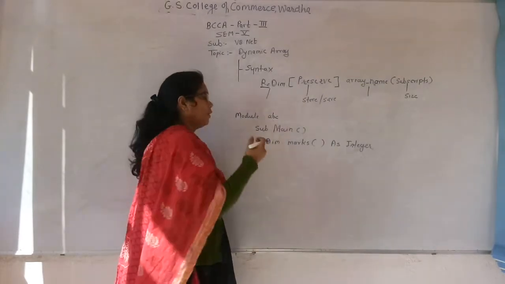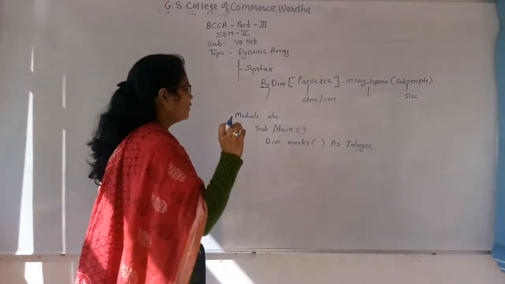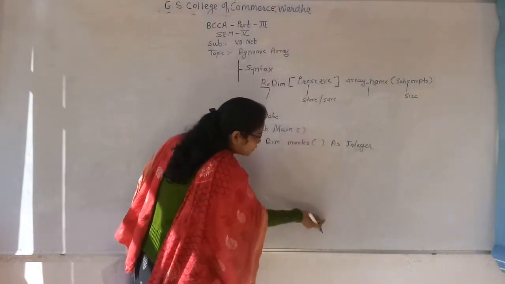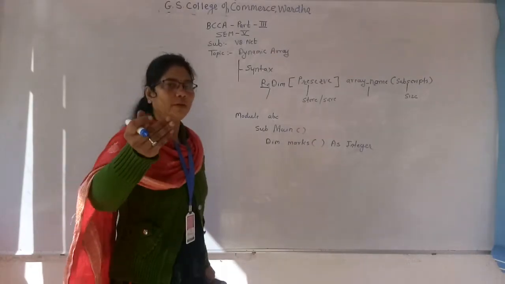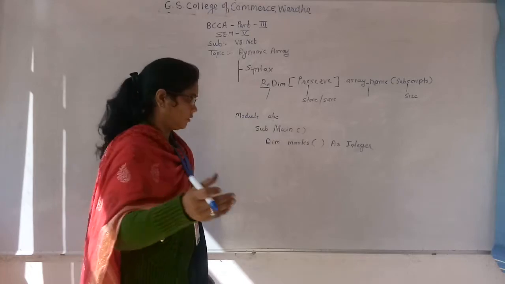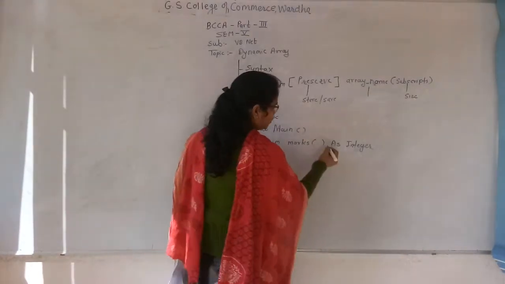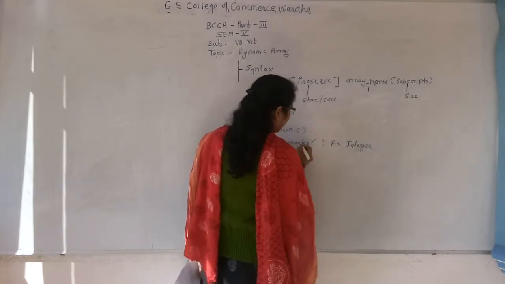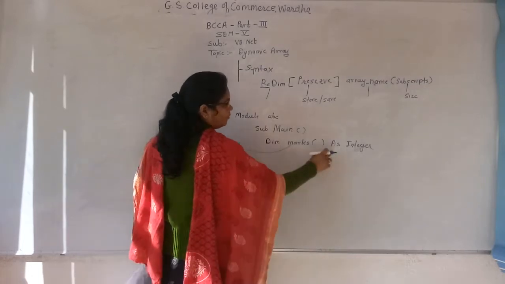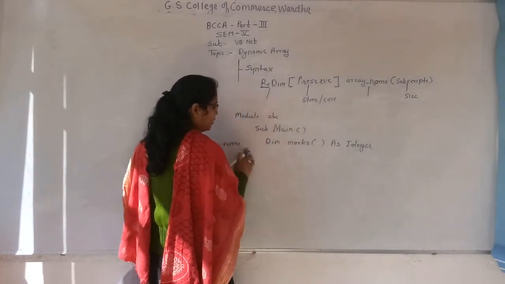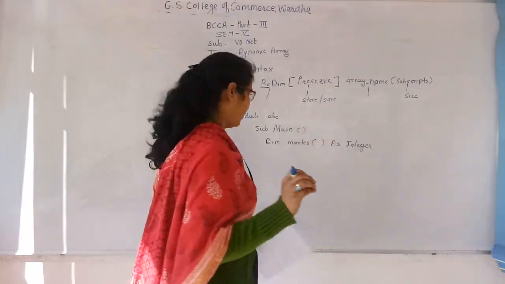When the compiler encounters this statement, it will understand that the dimension or size will come later, and that a ReDim statement will follow. So basically we take the array name marks, which has the integer type. Whenever we define the size of that array, it will store integer type elements.